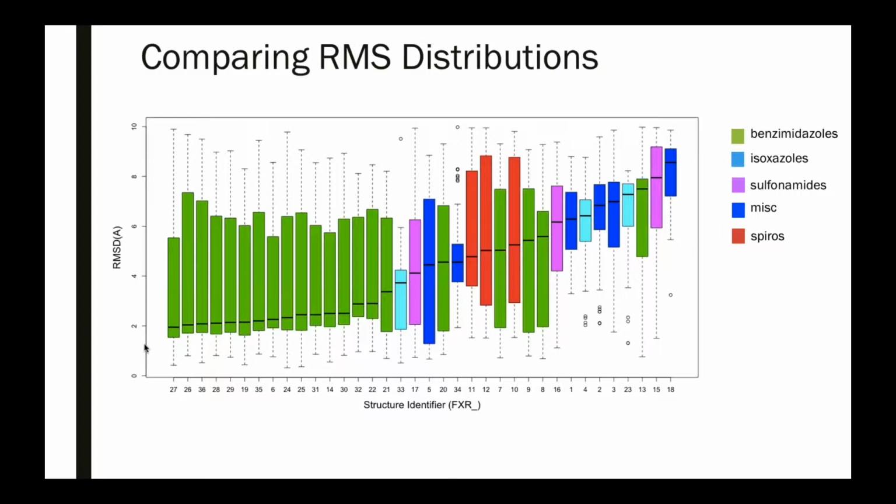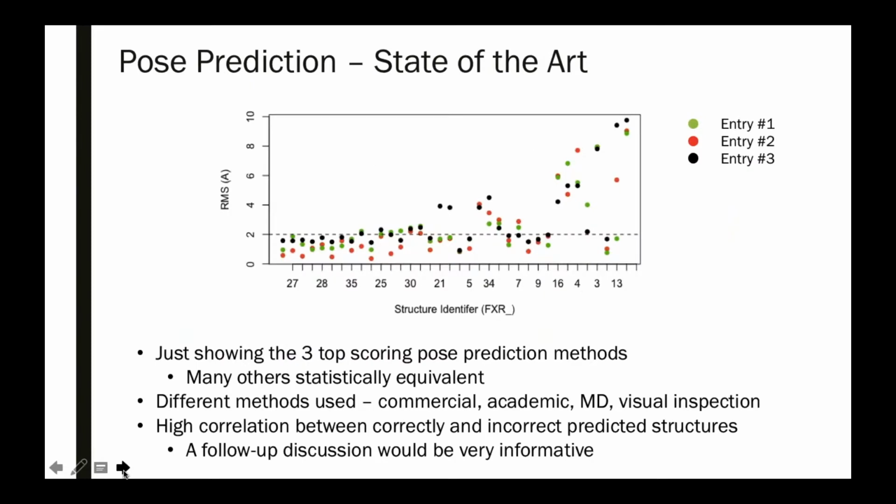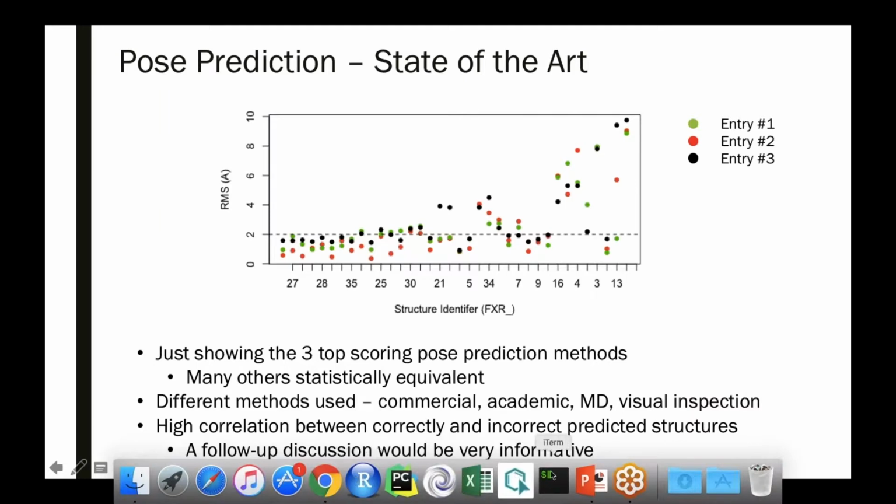So let's just focus in on a few of the submissions that performed very well. What we're looking at on this slide is the top 3 submissions. Now, this was sort of an arbitrary top 3. There were probably a dozen that were within statistical significance the same.